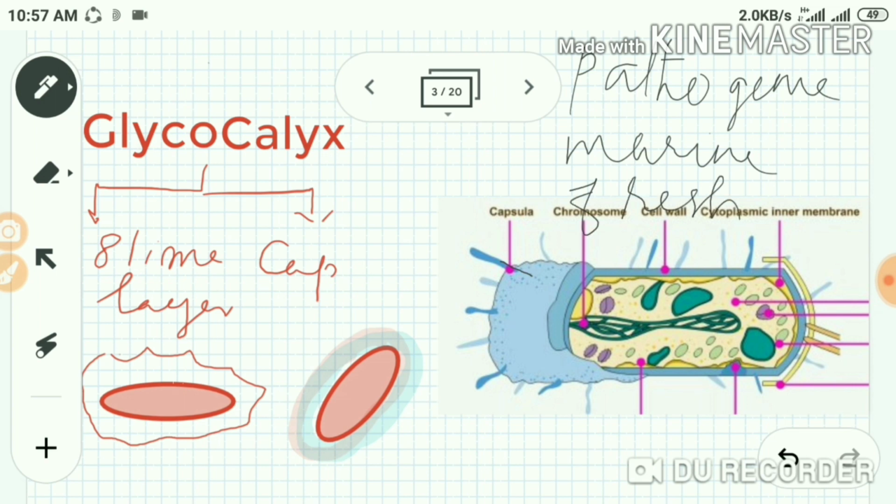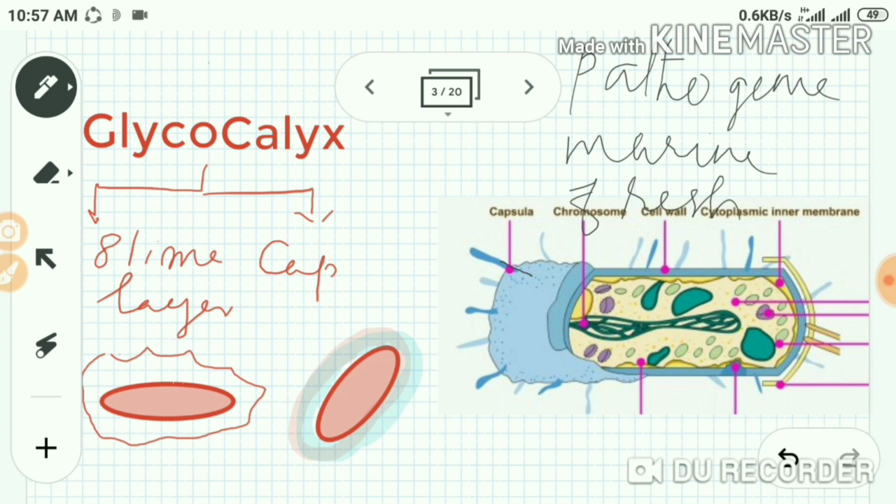In such bacteria, that means the bacteria with glycocalyx, it forms the outermost layer. Normally the outermost layer is the cell wall, but in bacteria with glycocalyx, the outermost layer would be the glycocalyx.